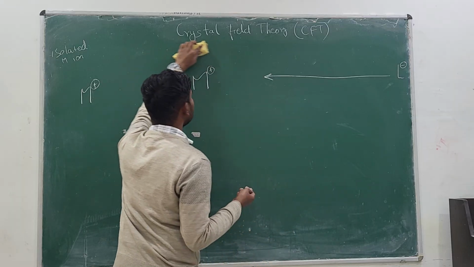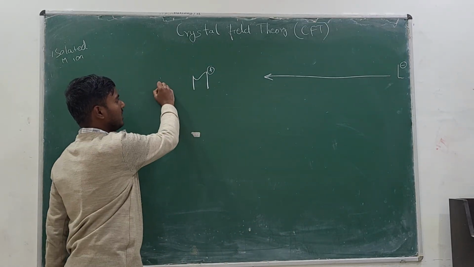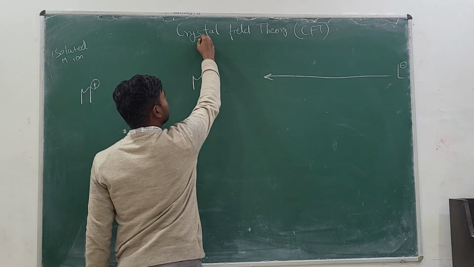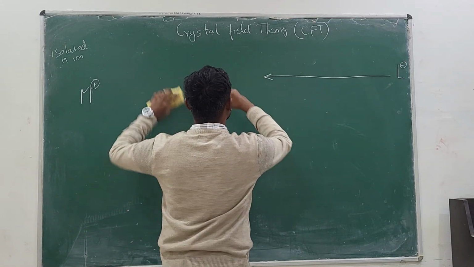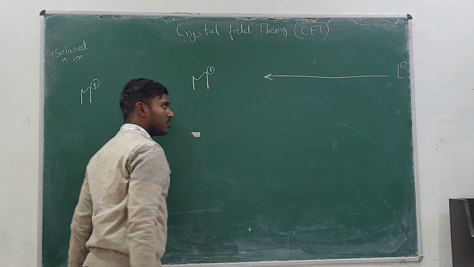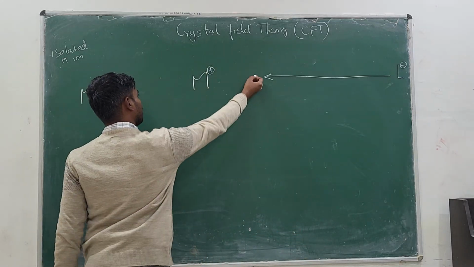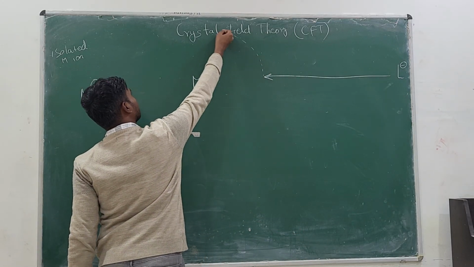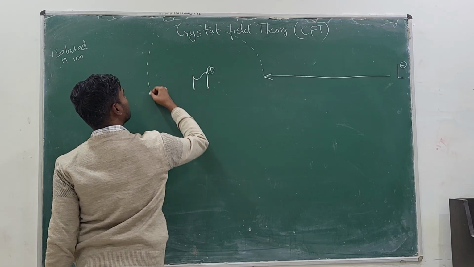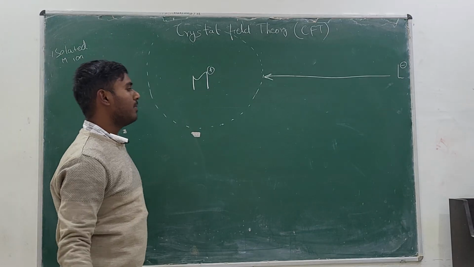Now this ligand is approaching our metal ion. Let's consider our ligand is far away from the metal ion. In this case, there forms the crystal field around the metal ion.